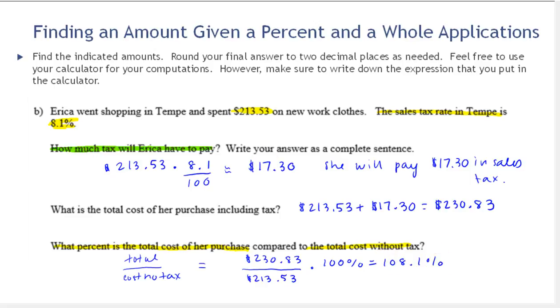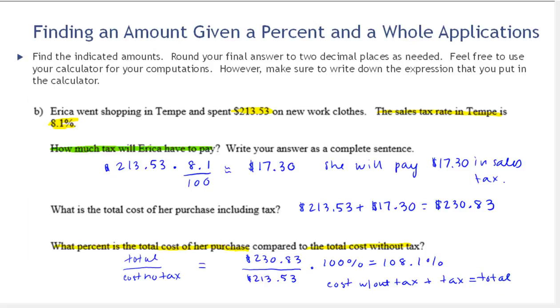I'd like you to notice, I hope this number looks familiar, the tax was 8.1%. And we could think of the cost of our work clothes as the whole that we were comparing it to. So the cost without tax plus the tax equals the total.